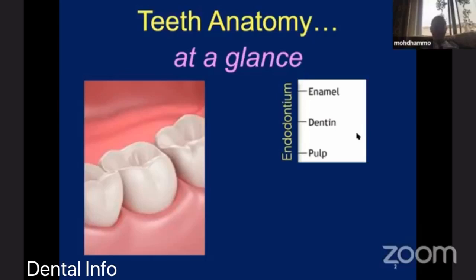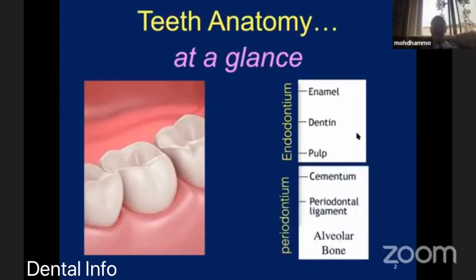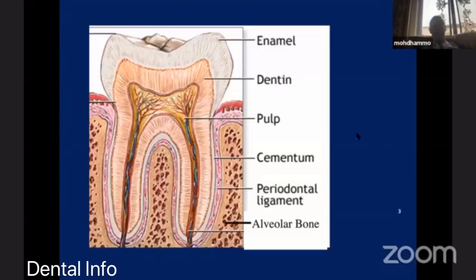And the second part is what we call periodontium, which contains cementum, periodontal ligament, and alveolar bone. So here is a deeper look at the tooth. This is enamel, dentin, pulp, and outside we are dealing with cementum, periodontal ligaments, and alveolar bone.